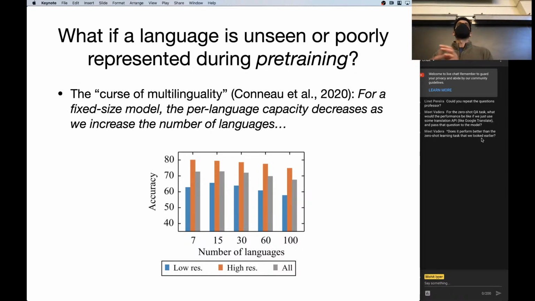That part might be a little difficult. It's definitely not a trivial thing to do. I guess you could translate the actual text of the answer in English back, but that also will probably have some issues. Anyway, you could try it and see. I doubt it performs better than the zero-shot numbers that we looked at earlier.